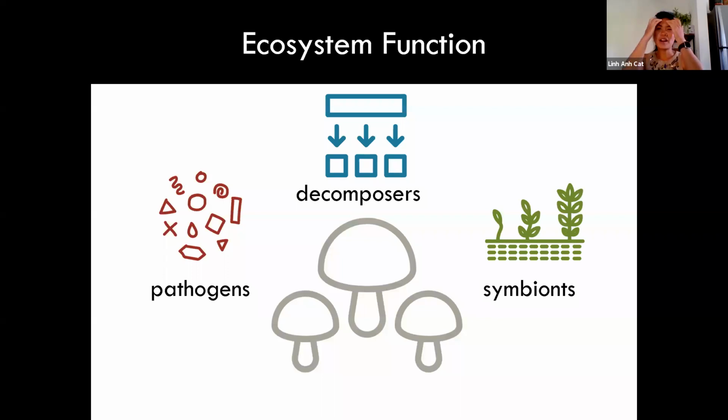The last group are the symbionts, and this is just a word that means organisms that have a close-knit relationship with other organisms. So often they rely on each other to grow, to live. Symbiotic fungi, maybe some of you that work in pulling invasives or in the greenhouse or in the garden by the lighthouse know this, but mycorrhizal fungi are really important to plant growth.